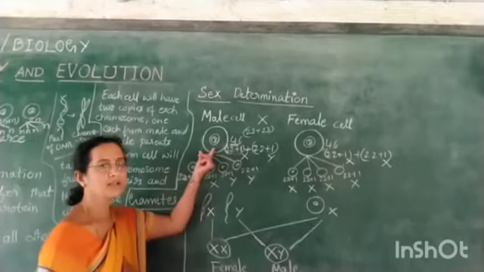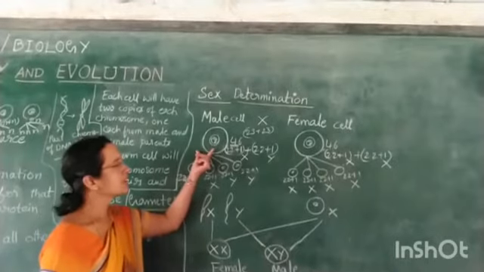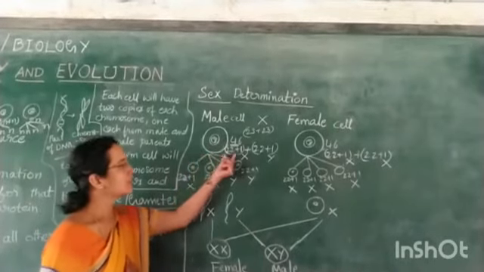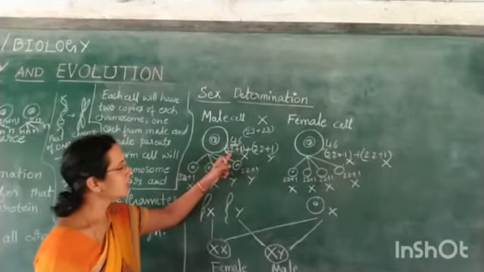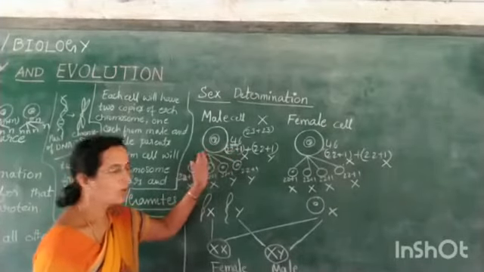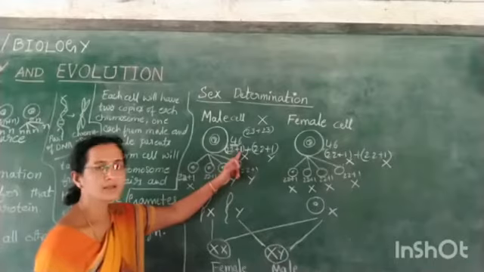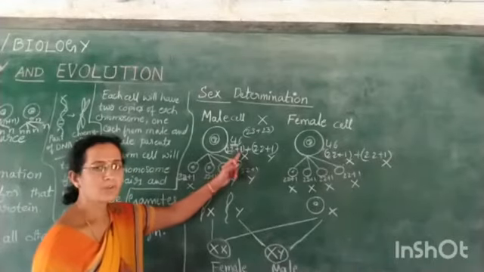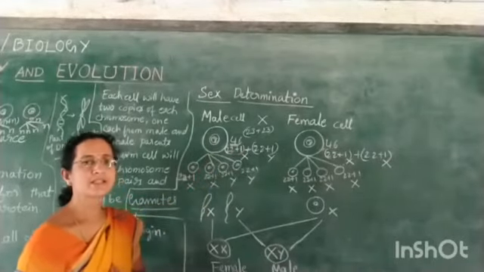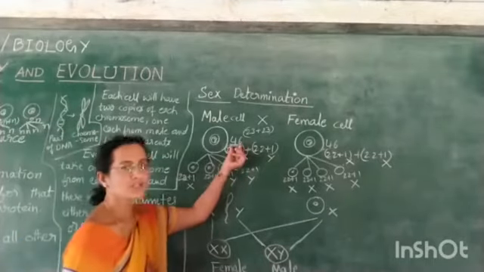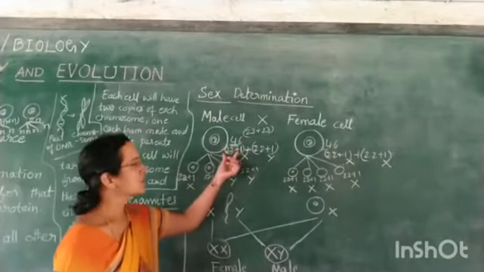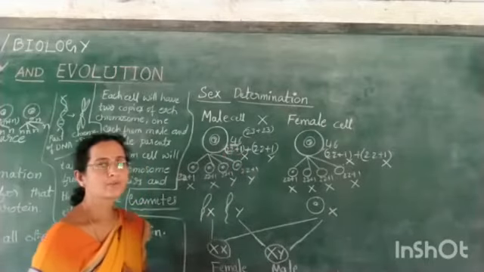Among the 46 chromosomes present in the male reproductive cell, there will be 23 pairs of chromosomes. So 22 form one group, and another chromosome will be there which determines the sex of the baby. So the 46 chromosomes consist of 23 pairs.